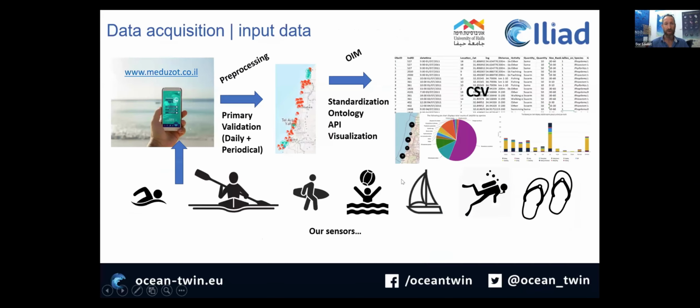So these are the coasts of Israel that we've already seen, and these are our sensors. They do multiple marine and coastal activities as they are surveying the environment for jellyfish. Getting these different sources of data requires, for example, in the semantic analysis that we'll see later, a new term for what my sensor is doing at the time of taking the observation, whether they are swimming and have their eyes in the water, or walking on the beach, yachting or scuba diving, and we're getting different perspectives.